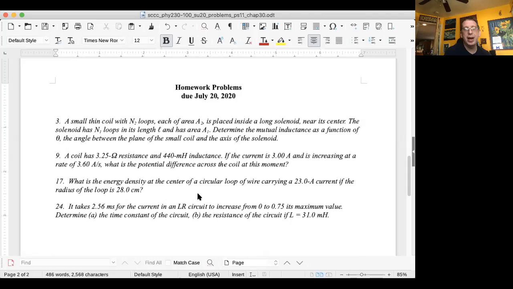You take the equation for current as a function of time and solve it for tau, the time constant, given the information that you have. And then B, the resistance of the circuit if you're given L, equal to 31.0 millihenries. So remember, tau is equal to L divided by R. You're given L, you solve for tau, and you can then solve for R.